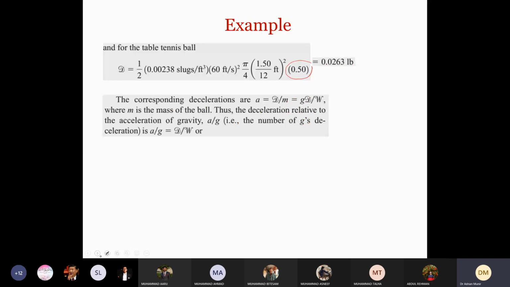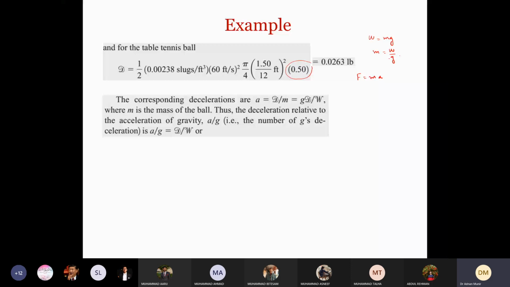Now the next step is to find the deceleration of the ball. The deceleration can be found using Newton's second law, F equals ma. Because we know that W equals mg, if I rearrange this equation for m, it becomes W over g.